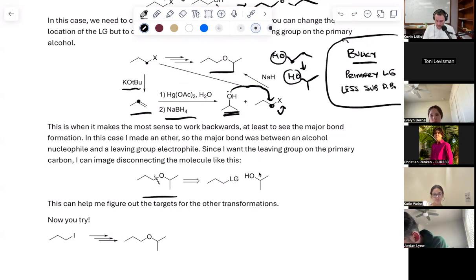I had this alcohol and this leaving group, and I did this. I imagine I've got this piece and this piece. One needs to be the nucleophile, one side needs to be the electrophile, and then I add them together. If I have a preference, I'm going to put the electrophile on the primary one so I can do the substitution. I'm going to put the halogen on the primary one.